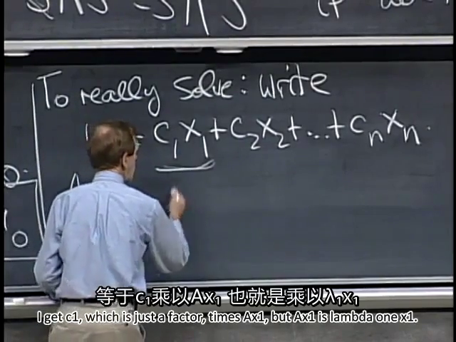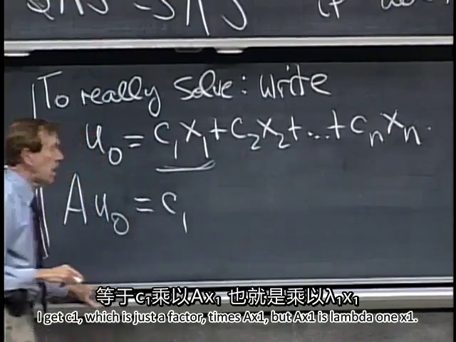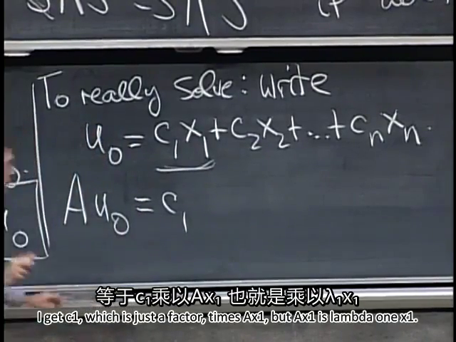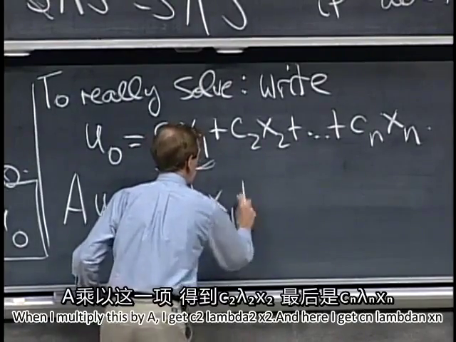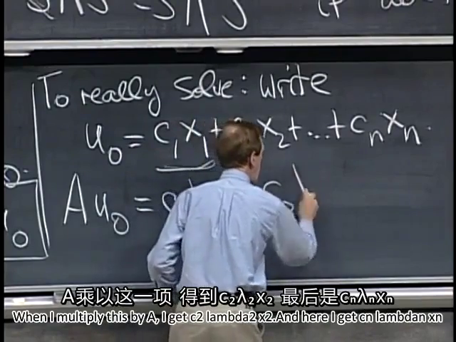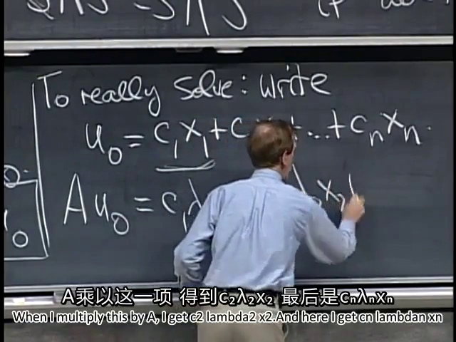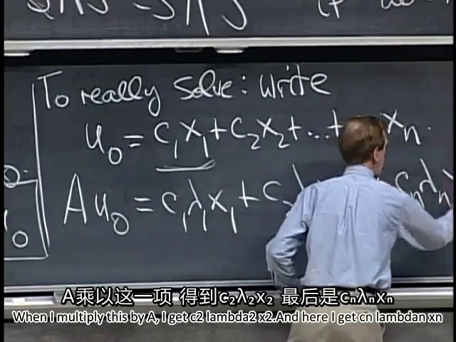I get C1, which is just a factor, times A x1, but A x1 is lambda 1 x1. When I multiply this by A, I get C2 lambda 2 x2. And here I get Cn lambda n xn.